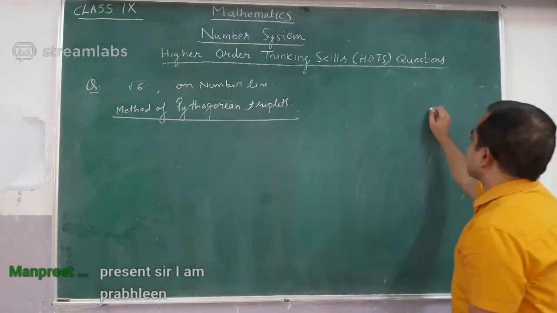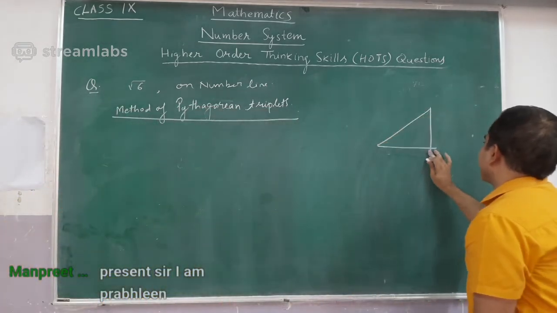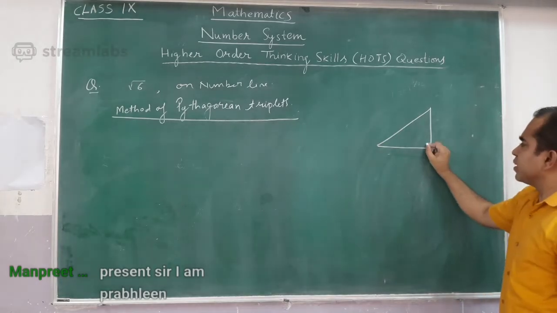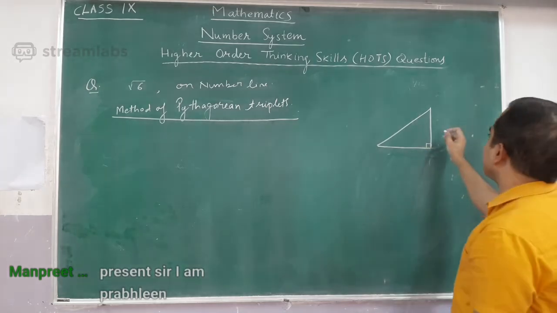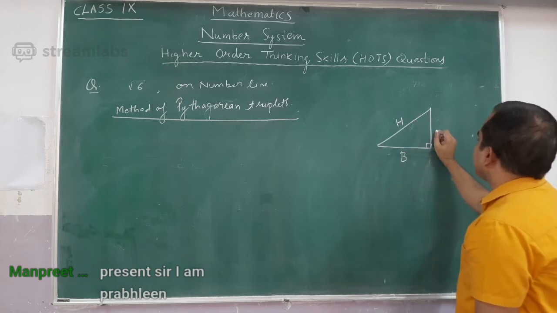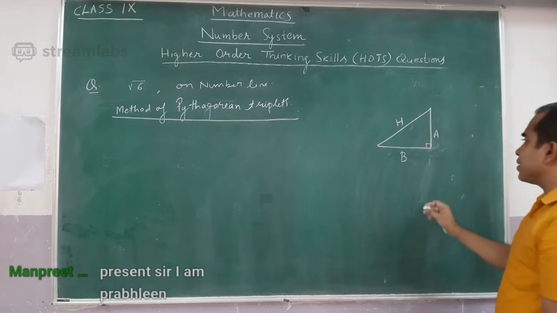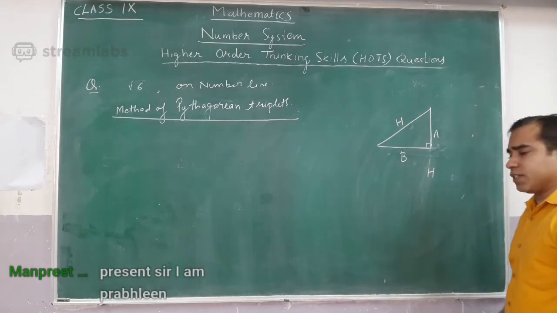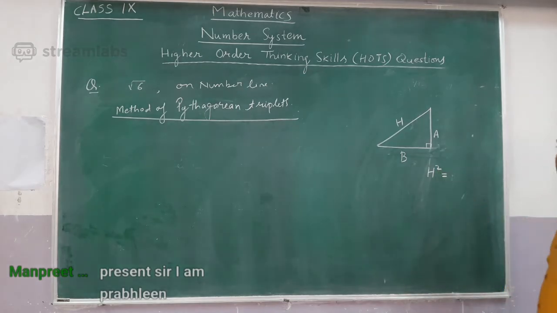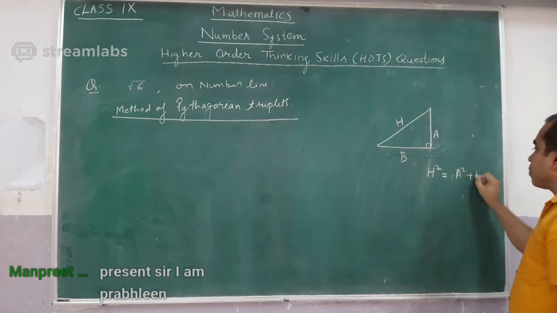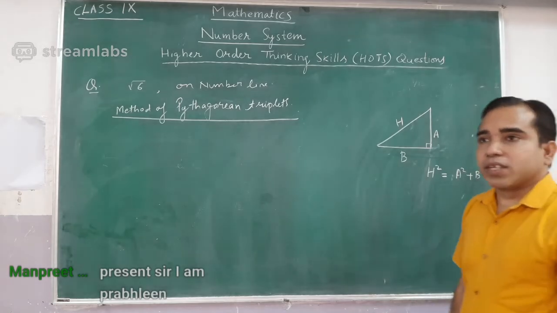Pythagoras theorem says, suppose there is a right angle triangle and suppose this is hypotenuse, this is base and this is altitude, then what happens? Then the largest side in that right angle triangle, which is hypotenuse, the square of that side is equal to the sum of the squares of the remaining two sides, right? Which is the remaining two sides, a square plus b square. So this is the Pythagoras theorem.